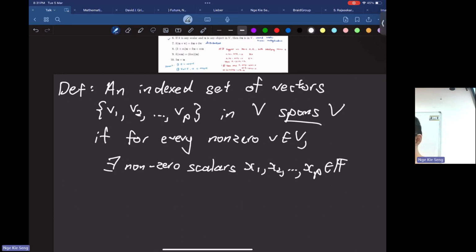Let me write down what I need first, and then I will adjust this. Such that v equals x1 v1 plus x2 v2 plus and so on.